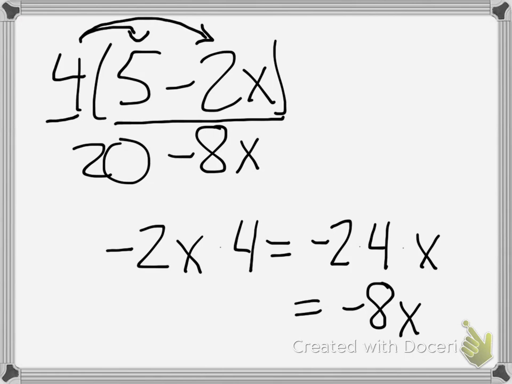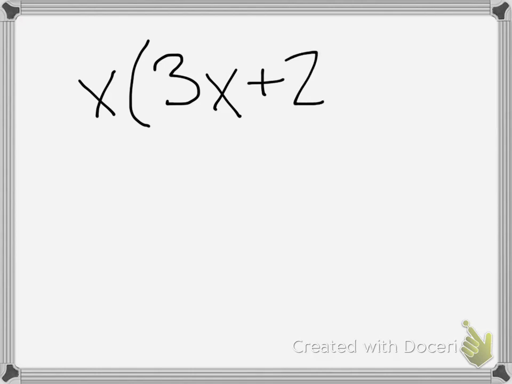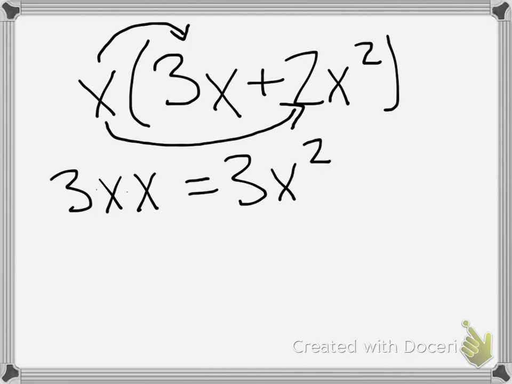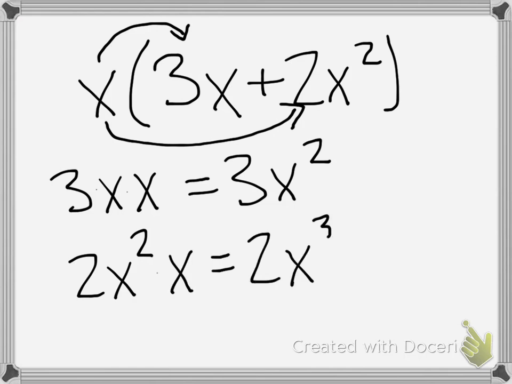multiplying with polynomials. Let's say I had x times 3x plus 2x squared. I can multiply the x onto each of these two terms. 3x, 3 times x, that's just 3x squared. 2x squared times x, 2x cubed.